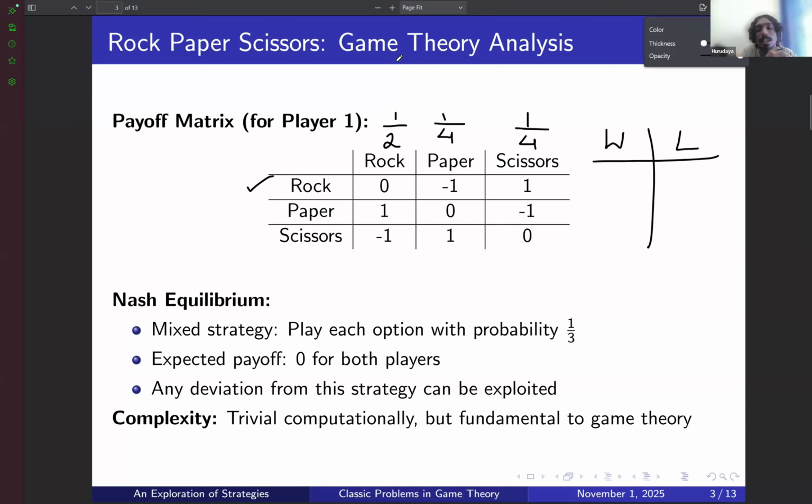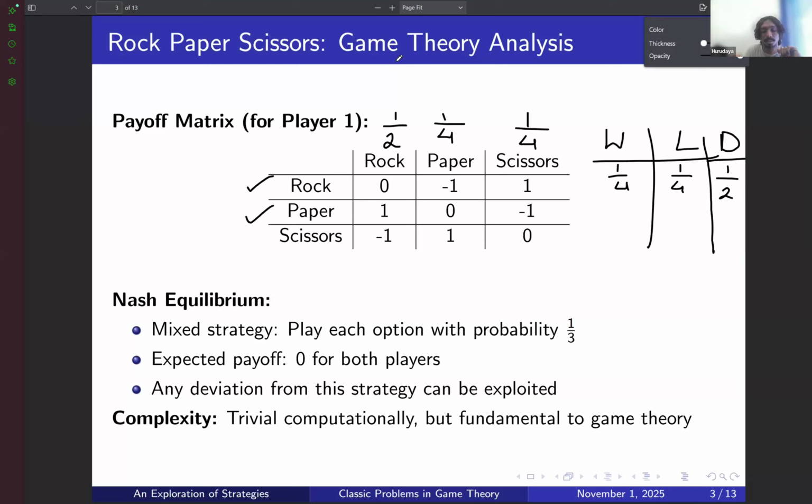What's your probability of winning and losing? We're talking about rock right now. We have 1/2 probability of draw, 1/4 probability of losing, and 1/4 probability of winning. Perfect. 1 by 4 for win, 1 by 4 for loss, and 1 by 2 for draw. Now, what if you play paper?